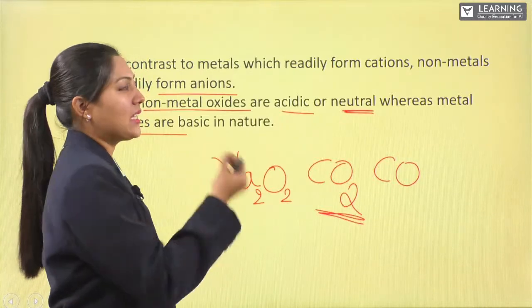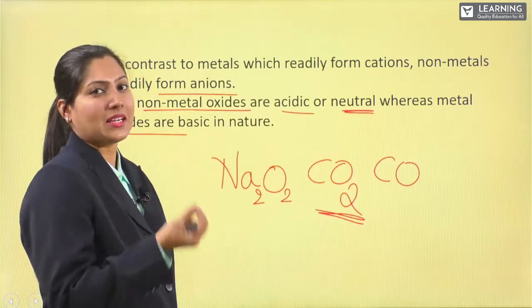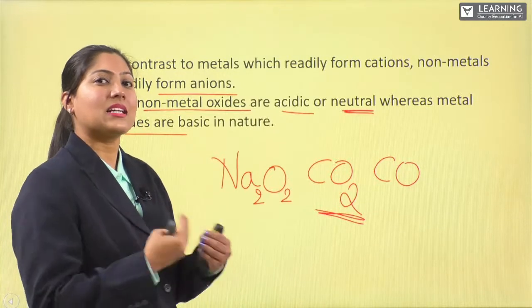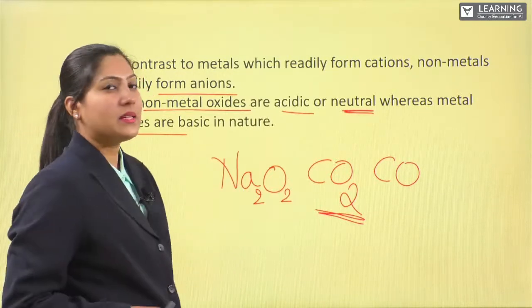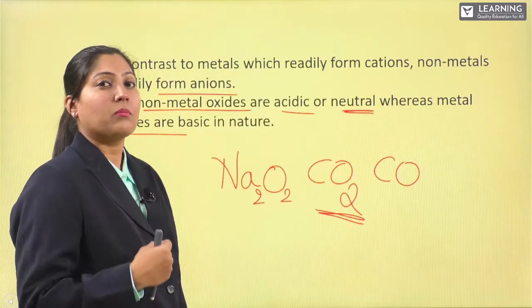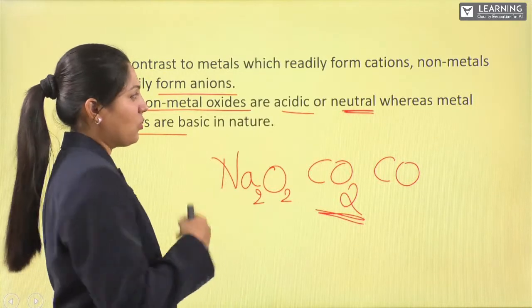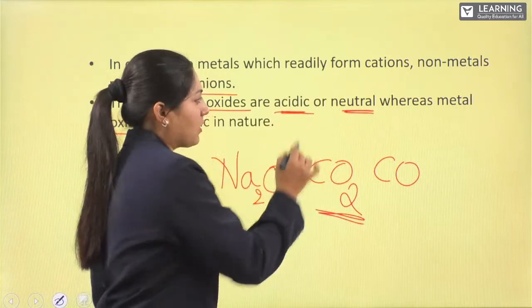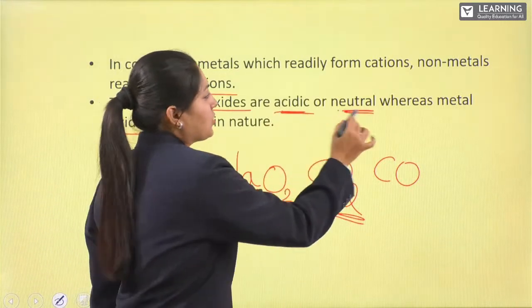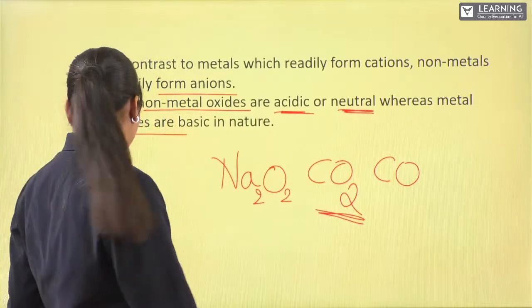The metals reacting with oxygen, non-metals reacting with oxygen. When metals react with oxygen, we get the basic oxides. Where non-metals are reacting with oxygen, we get the acidic oxide or neutral oxides.